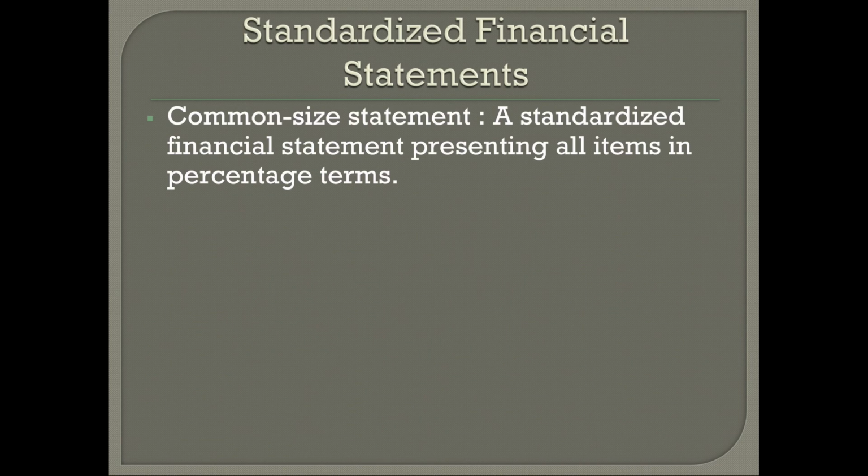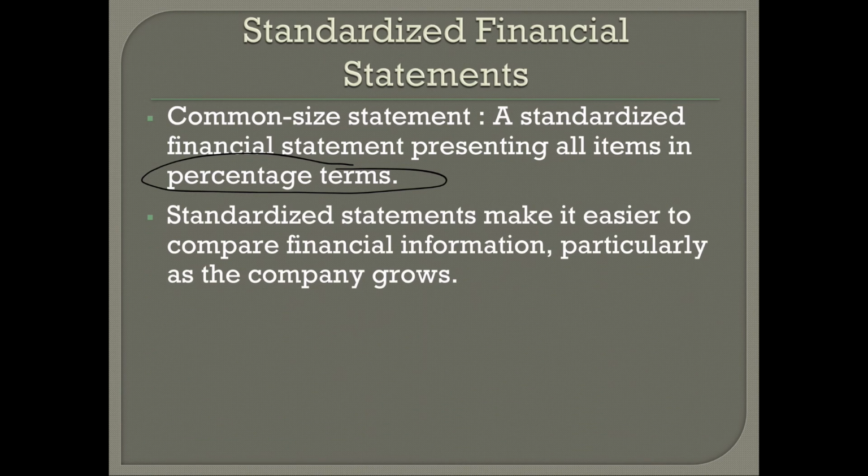So what are we creating here? What we are creating by standardizing financial statements is what is called a common size statement. A common size statement is a standardized financial statement presenting all items in percentage terms. So no longer are we dealing with actual numeric values. Now everything will be listed as some percentage.